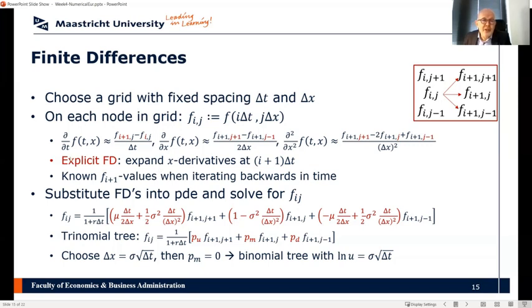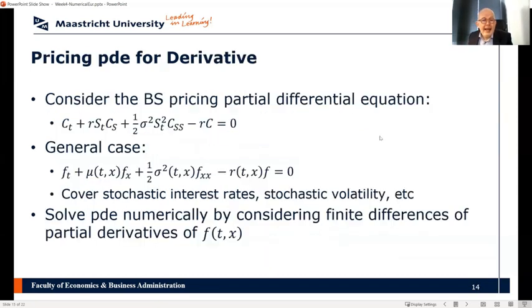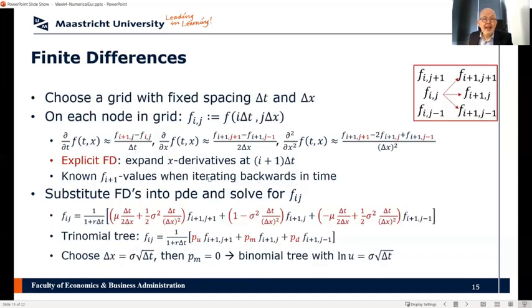And now we're going to do something very simple. I have these finite difference approximations of my derivatives, and I am going to substitute them into this partial differential equation. Then I have a set of linear expressions in the f's, because these finite difference approximations are linear functions of f, and I can collect all like terms together and solve for fij, that is the value one time step earlier that I would like to know.